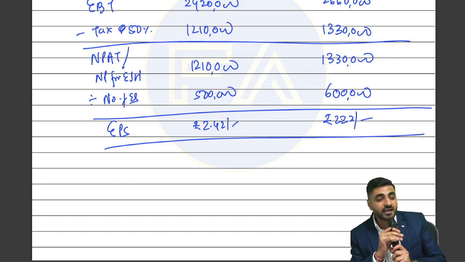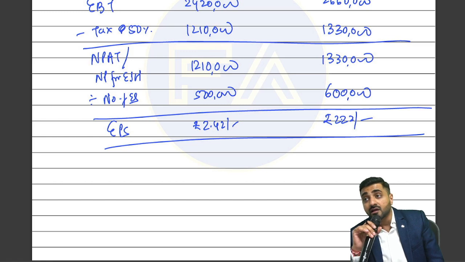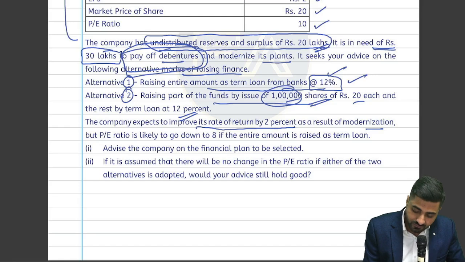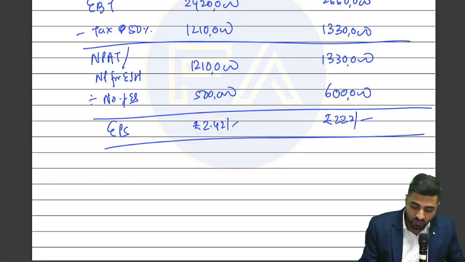Which plan should you select, plan 1 or plan 2? Plan 1 on the basis of EPS. But they have given you one more condition: the P/E ratio is likely to go down to 8 if the entire amount is raised.